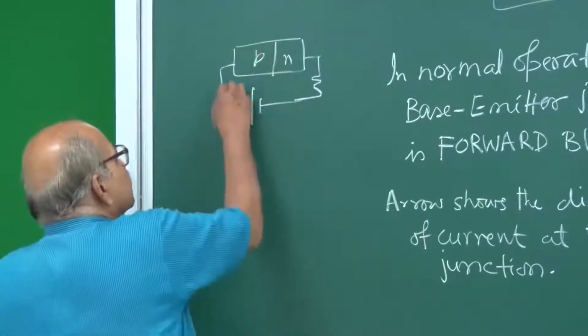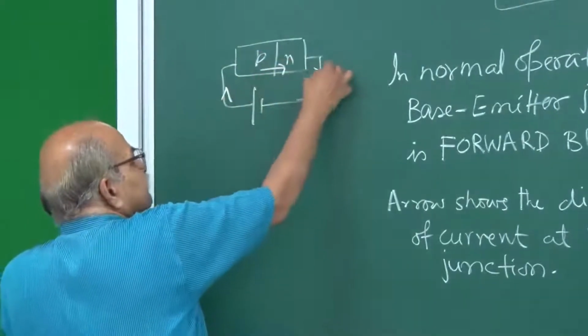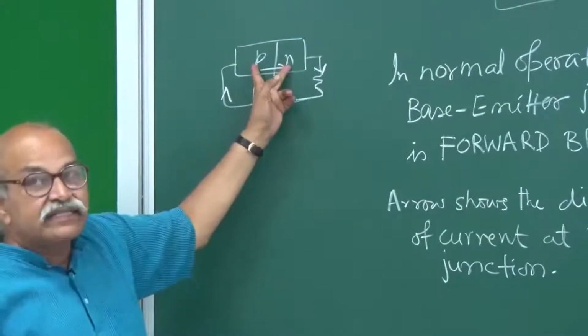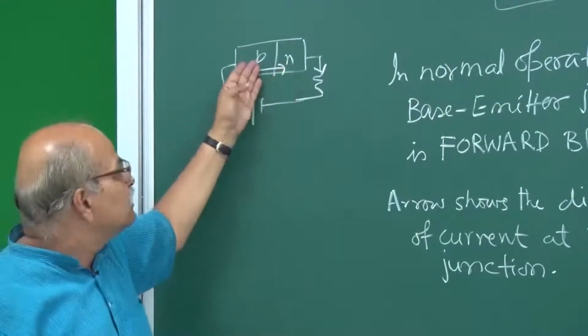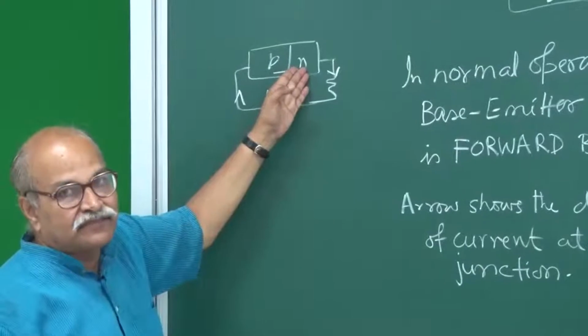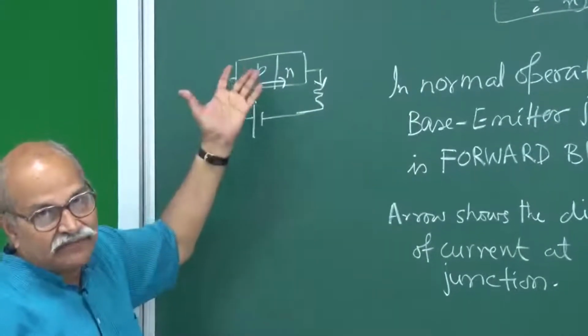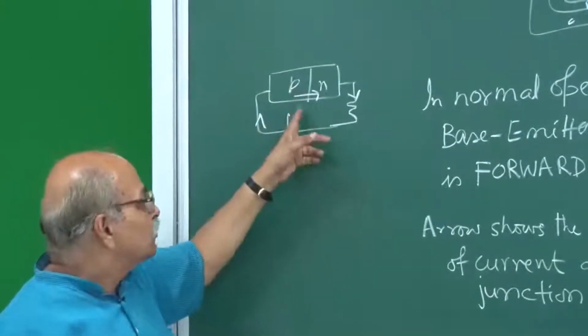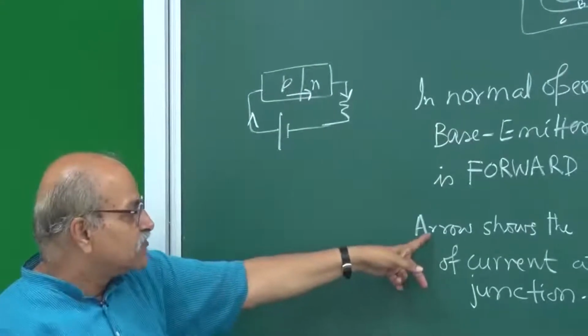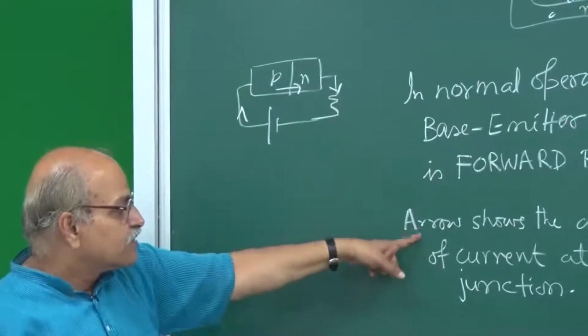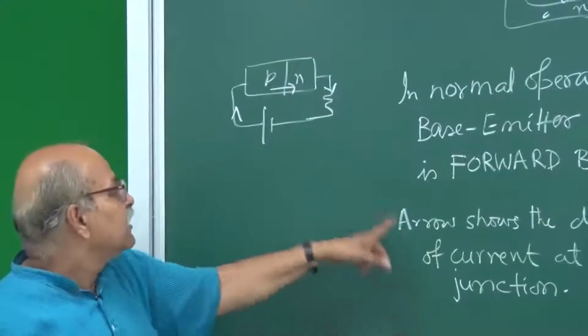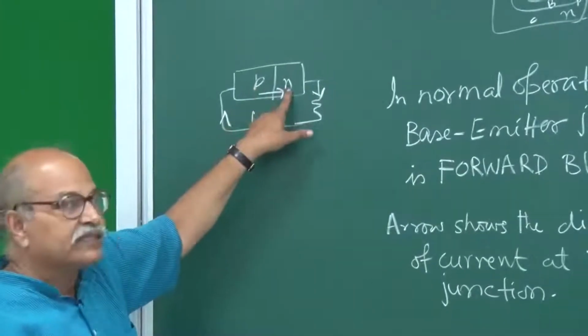The current flows like this. Inside this junction, the current goes from P side to N side in forward biasing. Reverse biasing, opposite. So this arrow on the symbol of the transistor shows the direction of current at this junction. That means it should be from P side to N side.